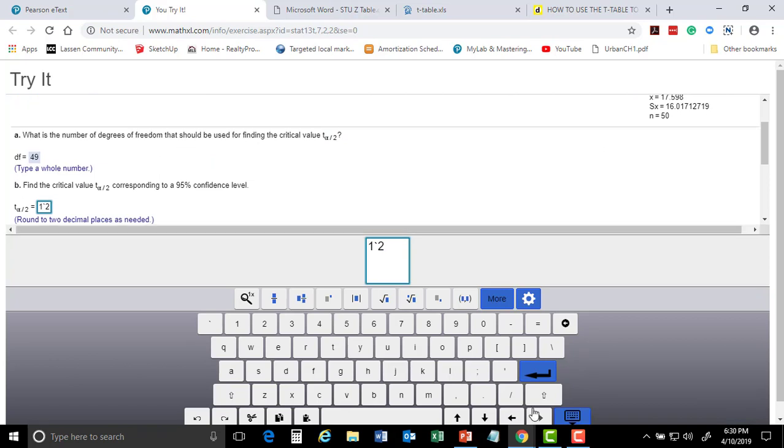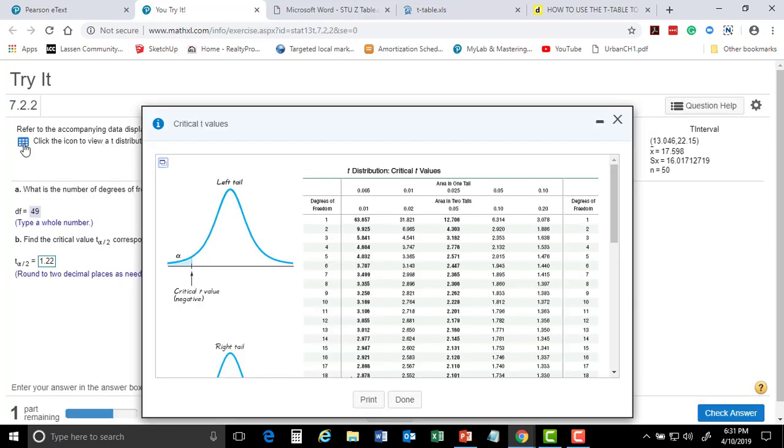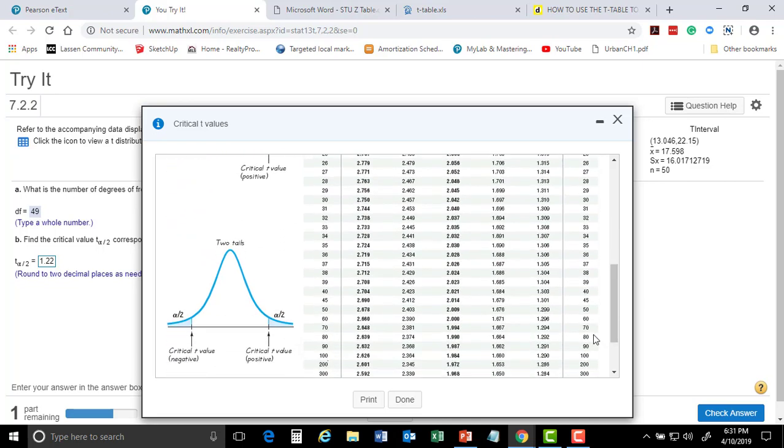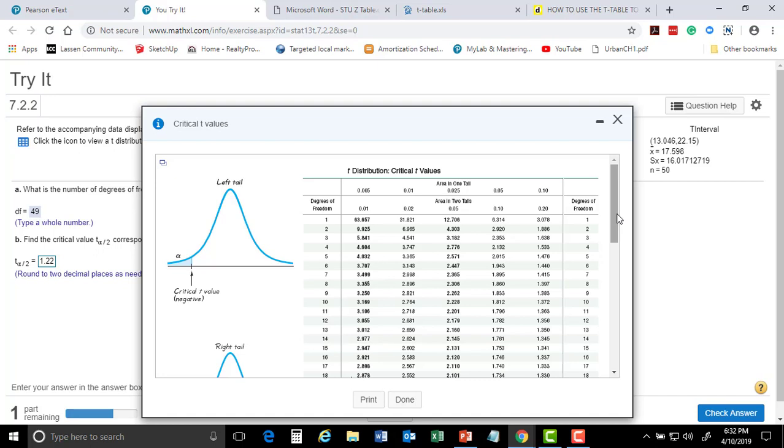Round to 2 decimal places. Yeah, 1.22. That's two tail, about 0.025. Let's say we go down to 50, one tail, 0.025. Well, this says alpha. That's why it was confusing. It doesn't say alpha divided by 2.